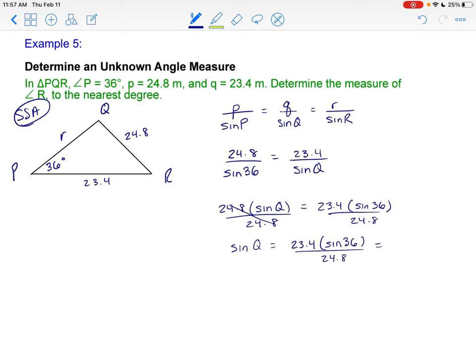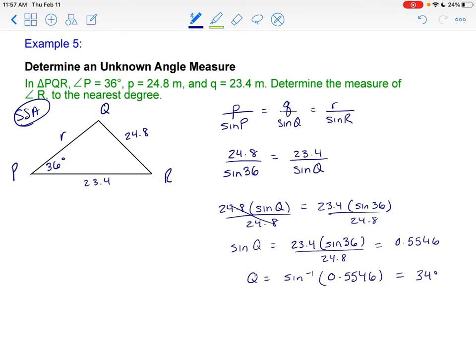And that's equal to the decimal 0.5546. Stop there. So now we'll go Q is equal to the inverse sine of this decimal number, which will give us that angle Q is equal to 34 degrees. Okay.